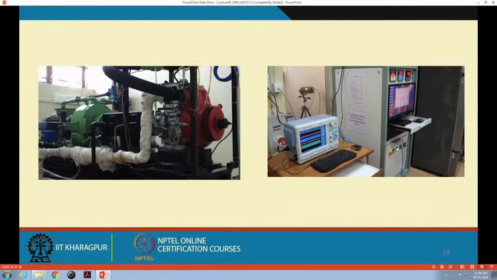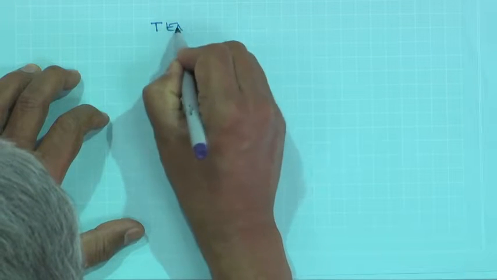Here we are measuring the vibrations and all the parameters from this engine and dumping them onto the computer, and through Team Viewer you have access to the data measured from this engine, and then you can do all your experiments.